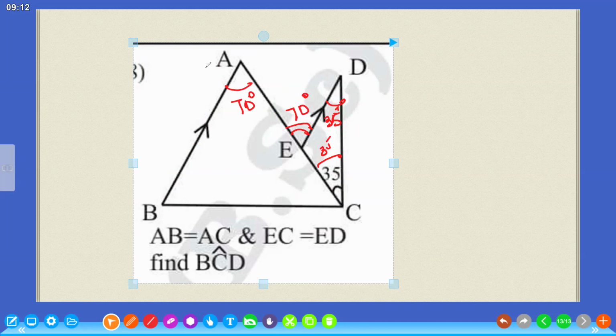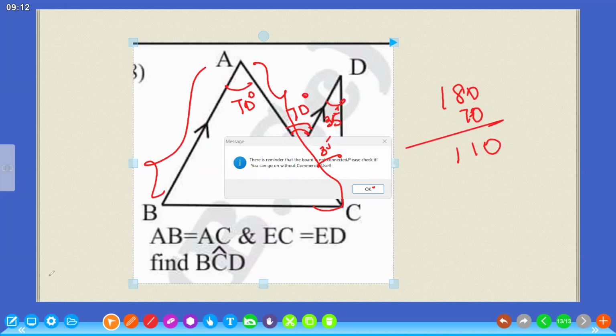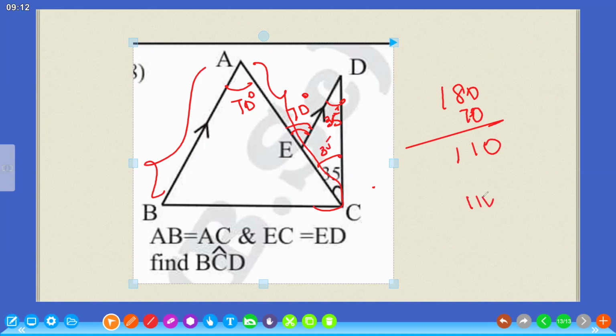Okay. But students, this is 70 degrees. These two sides are equal. 180 minus 70 is 110. 110 divided by 2 is 55. Right. They ask for BCD, the total: 55 plus 35.